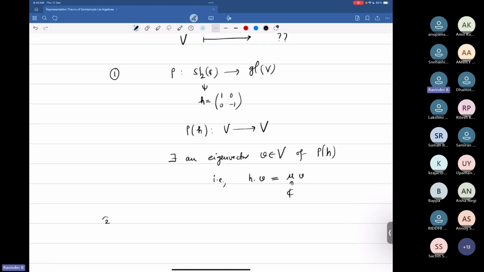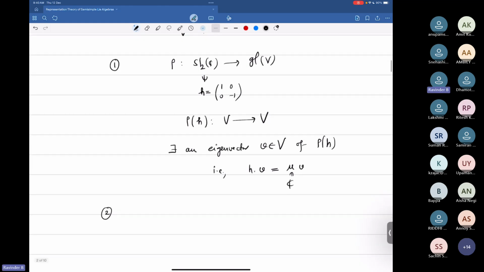So then the next step: keep hitting with E. SL2 has H, but there is also E and F. E is an upper triangular matrix and F is a lower triangular matrix.